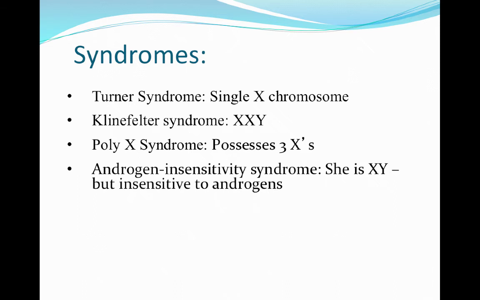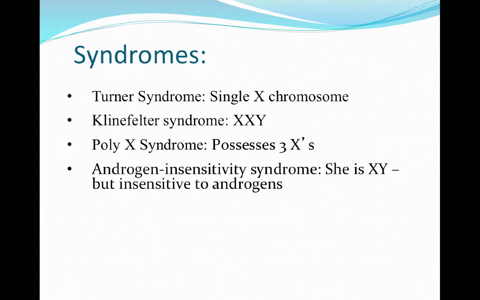Klinefelter syndrome is where an individual is technically male because of the presence of the Y chromosome, but they inherit two X's from the female, or the male parent, and non-disjunction takes place, so you get the inheritance of two X chromosomes. And then poly-X syndrome is where three X chromosomes go through non-disjunction and result in an individual that has multiple X's.